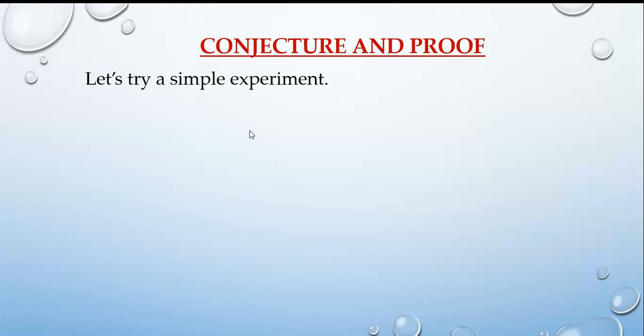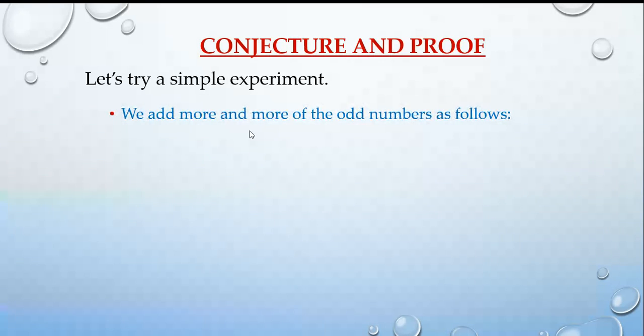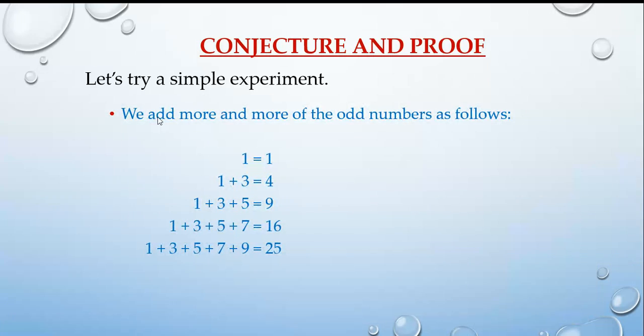I think you may not understand what this is, so let's take a simple example. Here we add some odd numbers. Suppose the first odd number is 1, so 1 equals 1. The next odd number after 1 is 3, so 1 plus 3 is 4. The next odd number is 5, so 1 plus 3 plus 5 is 9.